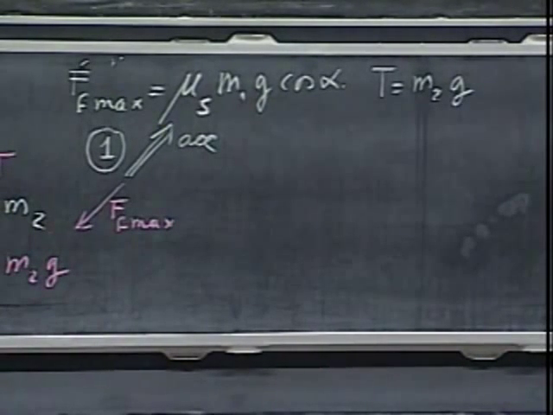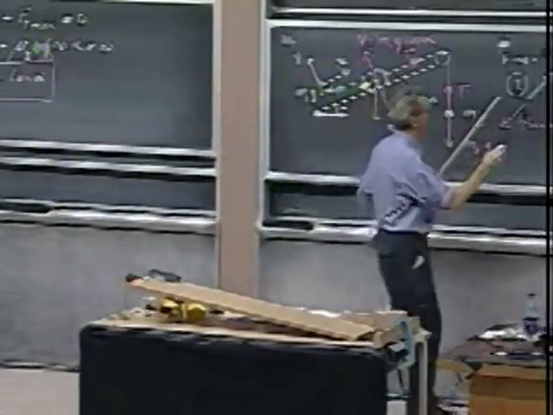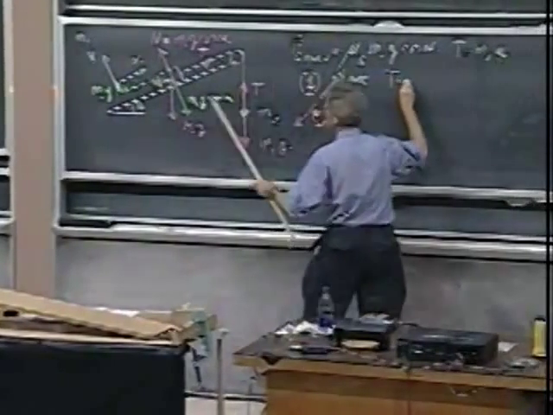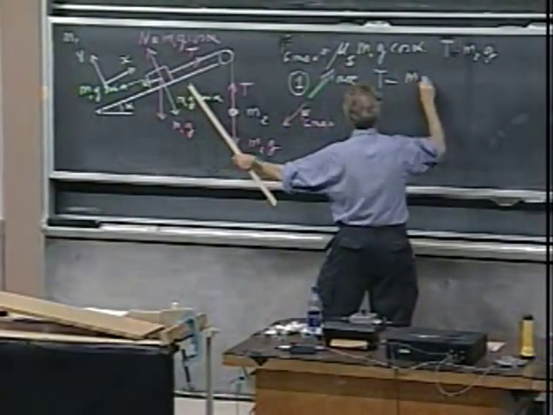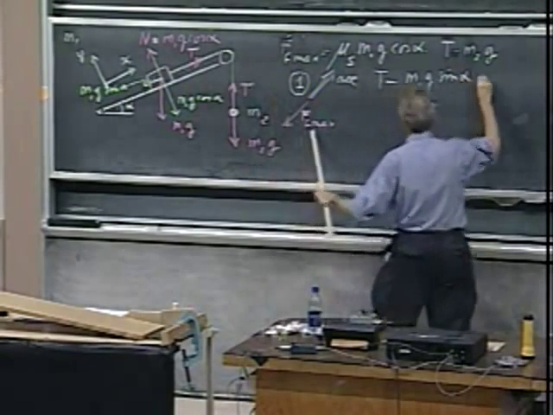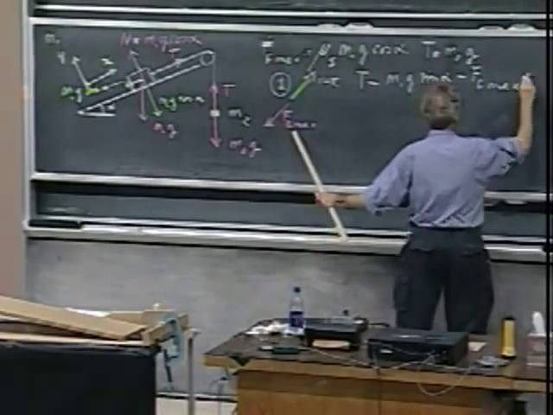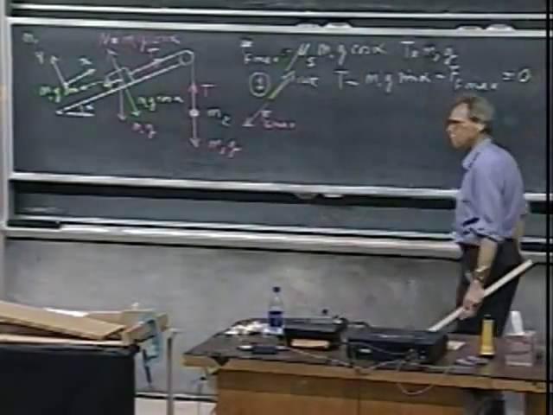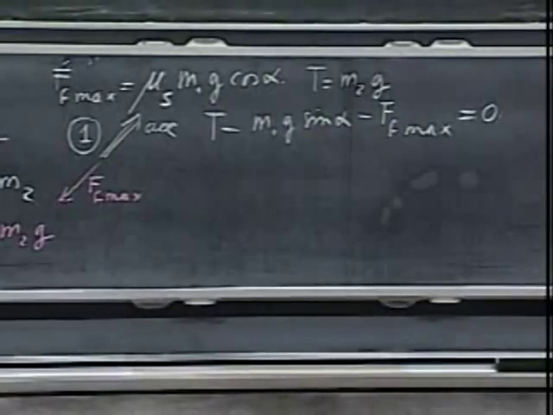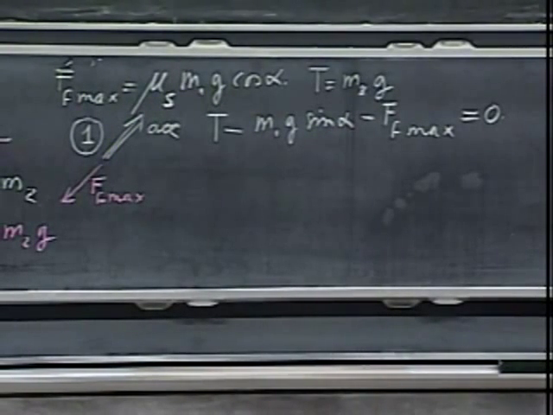Now I can write down in the x direction Newton's second law. T, which is in the positive direction, minus m1g sine alpha minus f max. That now has to be 0, just at the moment that it is just about to start accelerating.